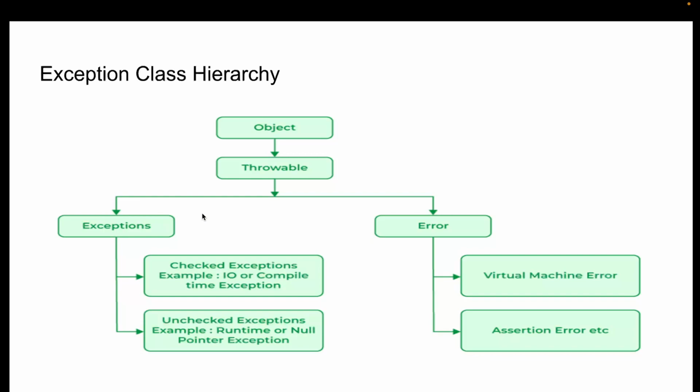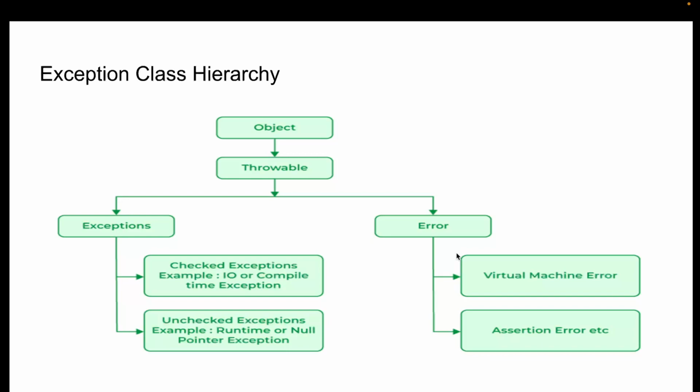So whatever we will see in this entire exception handling, we will see how to handle the exceptions, not how to handle the errors. So you have control over how you can handle the exceptions. So we'll see about this left child class, meaning whatever we have, two child classes of Throwable, right?